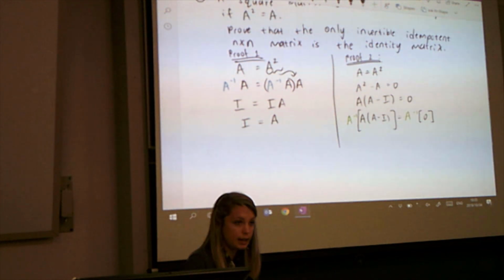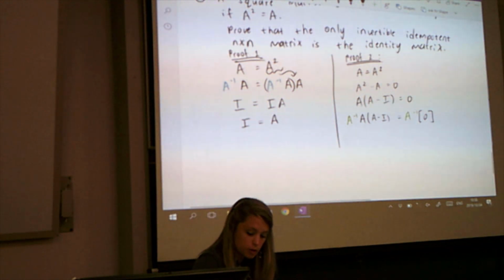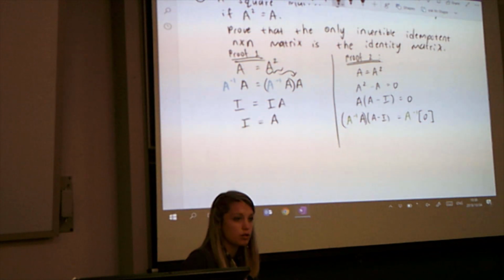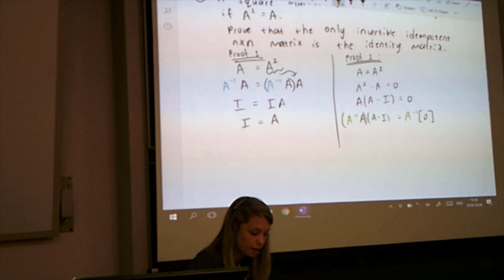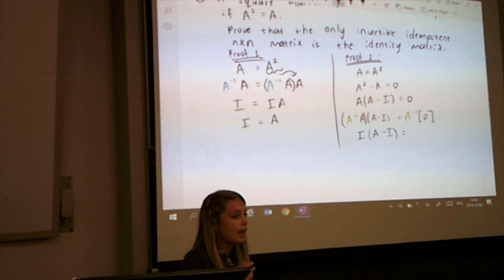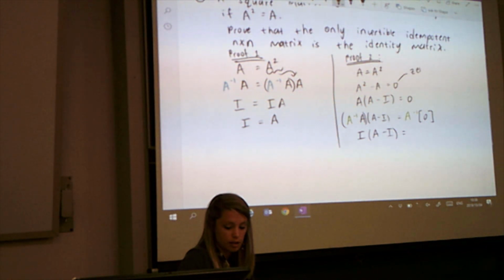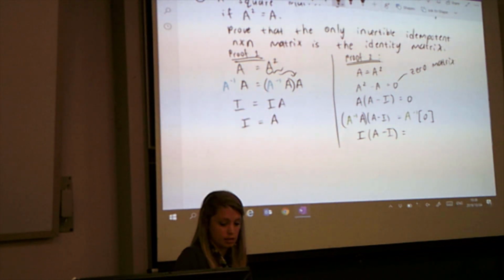And now on the left, I'm going to group the A's inverse and A together. So what I have then is the identity matrix multiplied by A minus I equals, and any matrix multiplied by the zero matrix is just the zero matrix.